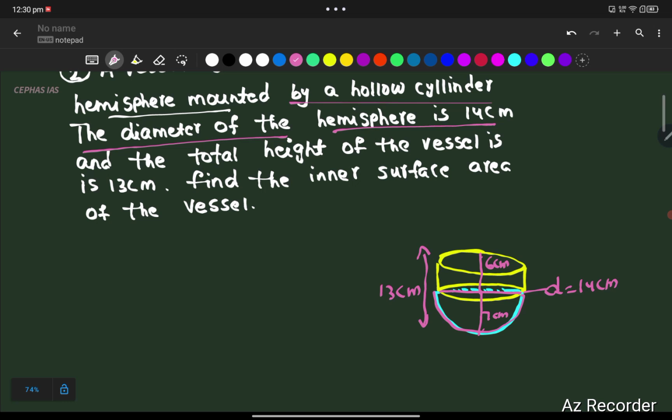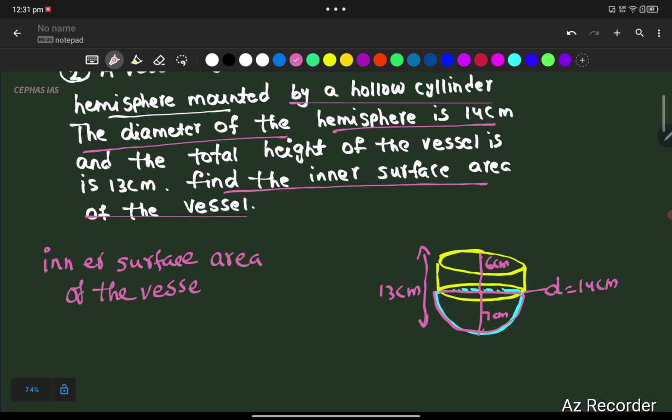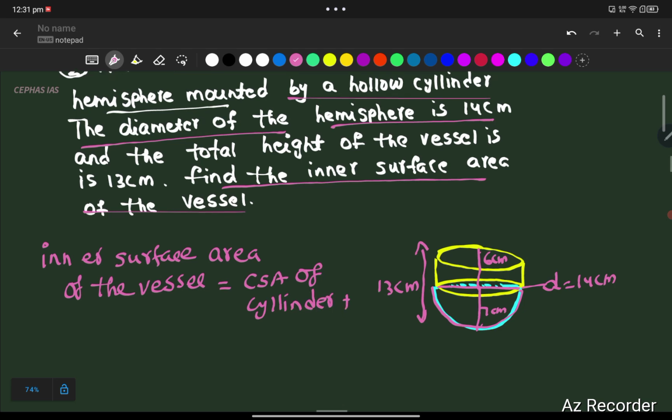What are they asking? Find the inner surface area of the vessel. They're asking for the inner surface area of the total vessel combined together. So the inner surface area of the vessel is equal to CSA of cylinder plus CSA of hemisphere.